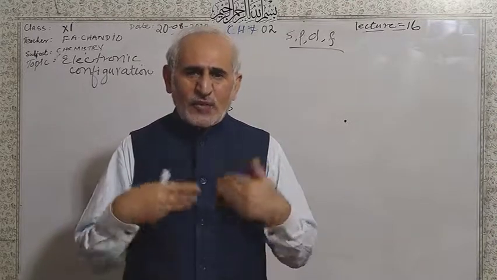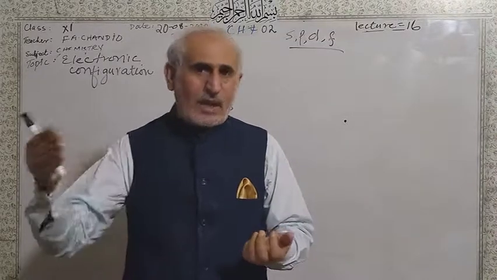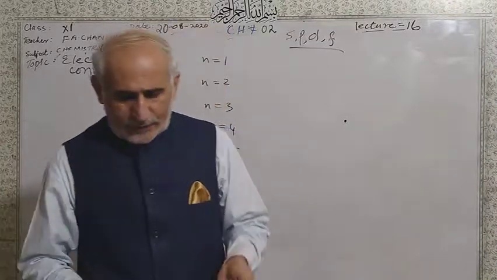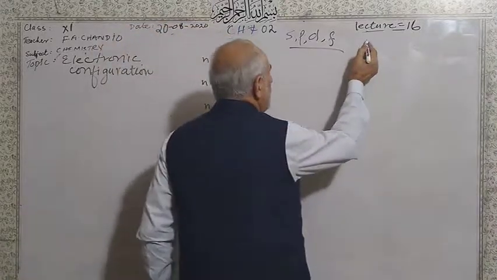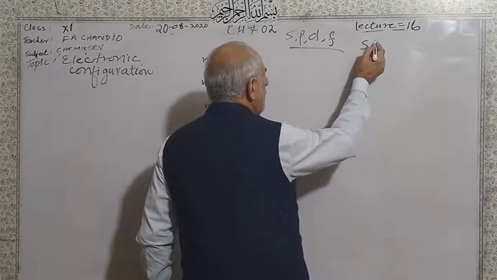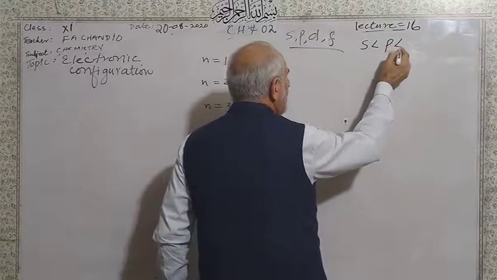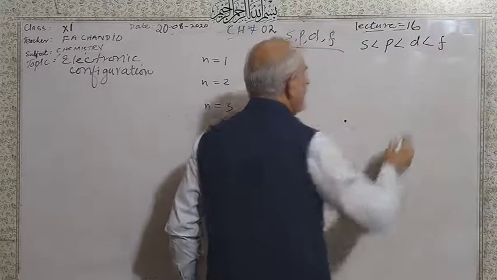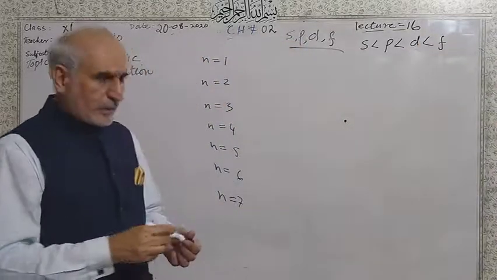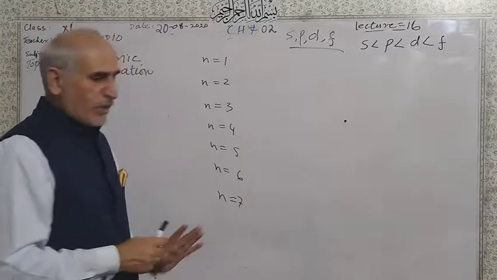You fill the orbital with the lowest energy first, then higher, then higher, like the steps of a stair. So S has the lowest energy, less than P, P is less than D, and D is less than F. This is the sequence of increasing energy.